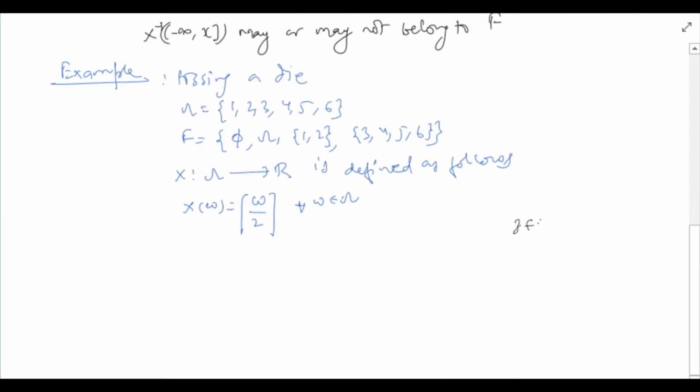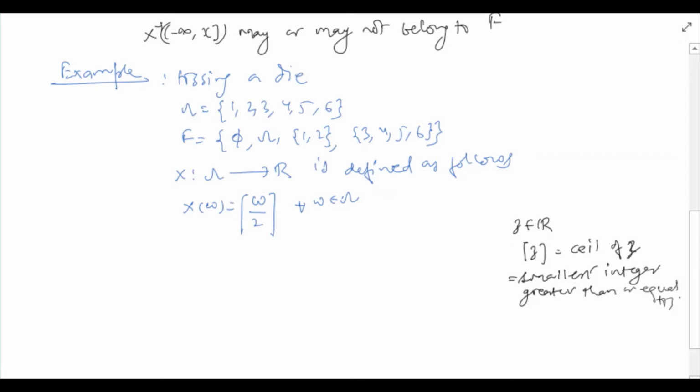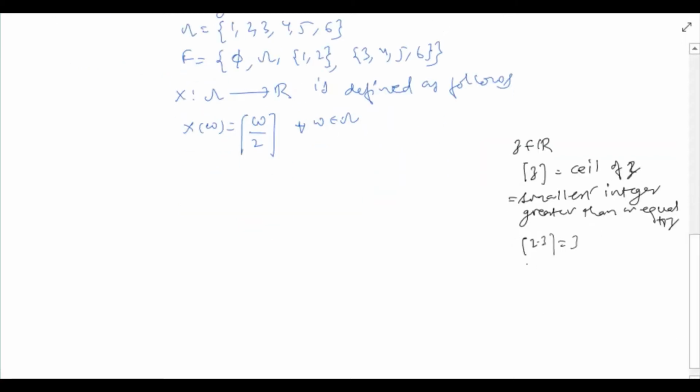Note that for a number z, its ceil is the smallest integer that is greater than or equal to z. For instance, ceil of 2.3 is 3, ceil of 2 is 2, ceil of 2.01 is also 3.